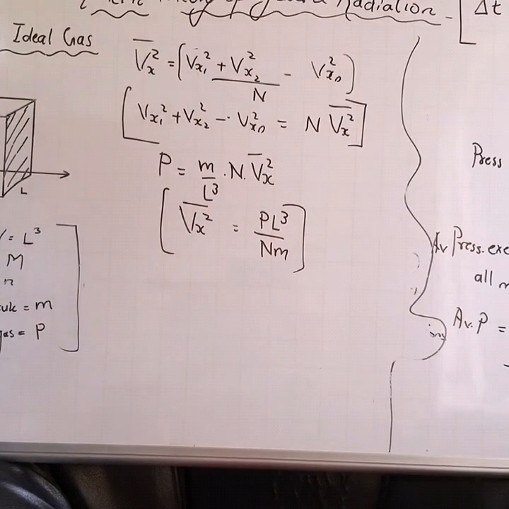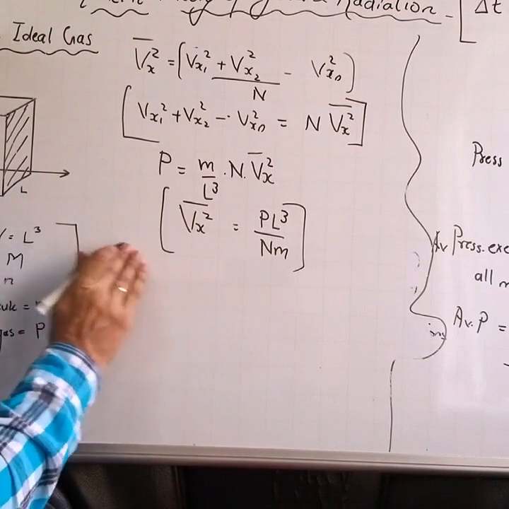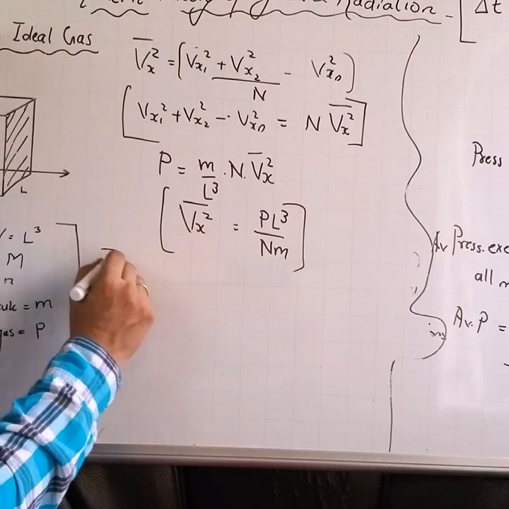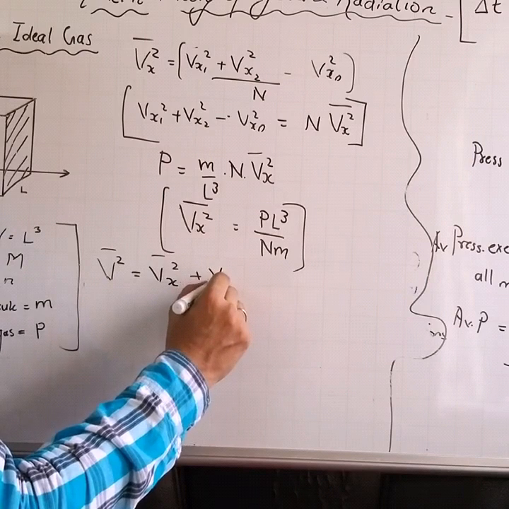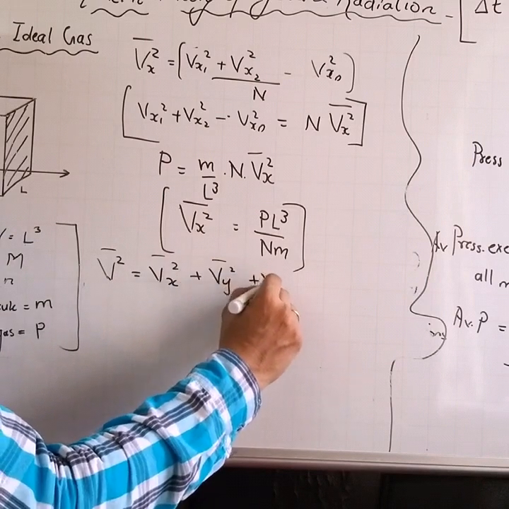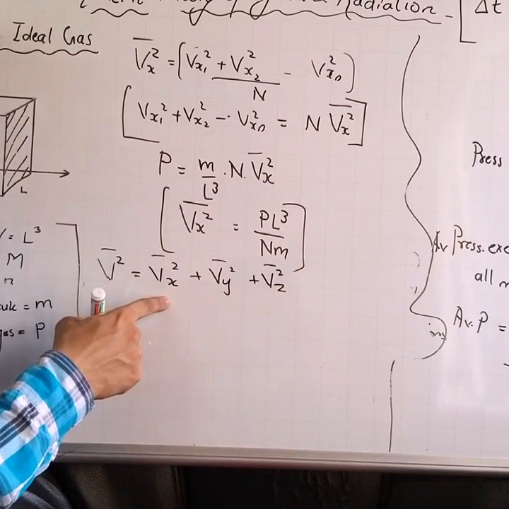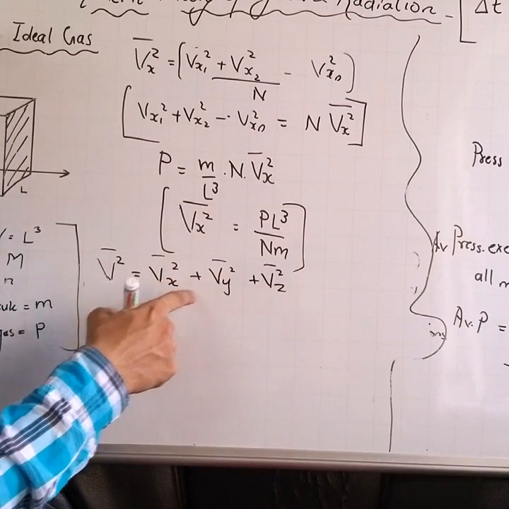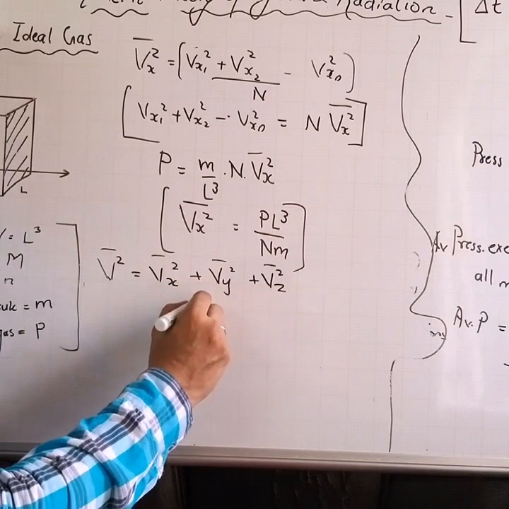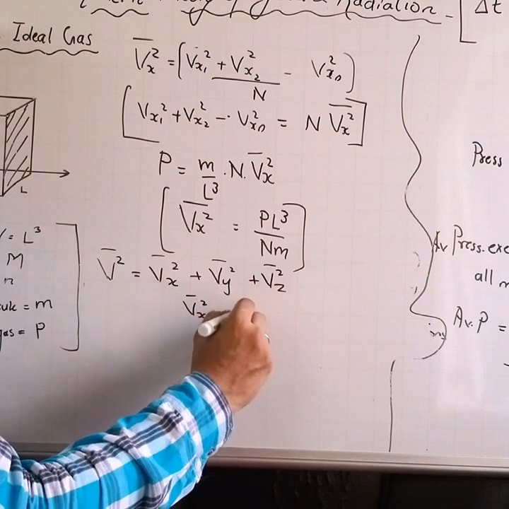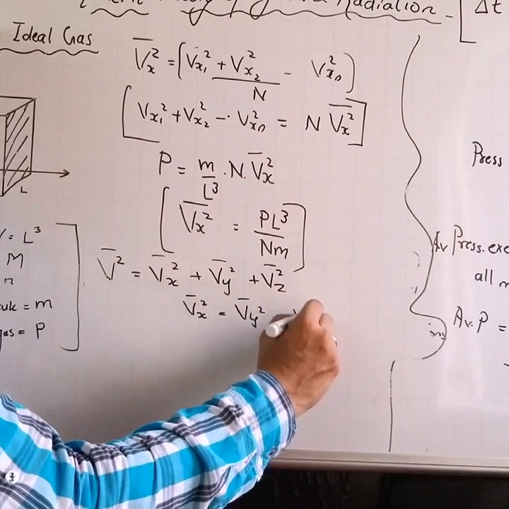Now the overall average velocity I write like this: v square bar equal to Vx square bar plus Vy square bar plus Vz square bar. It is the sum of average velocities along the x-axis, y-axis and z-axis. But these values are equal. Vx square bar is equal to Vy square bar equal to Vz square bar.